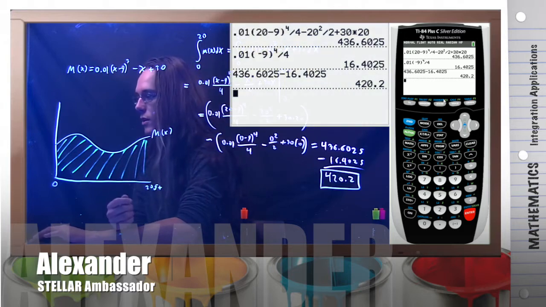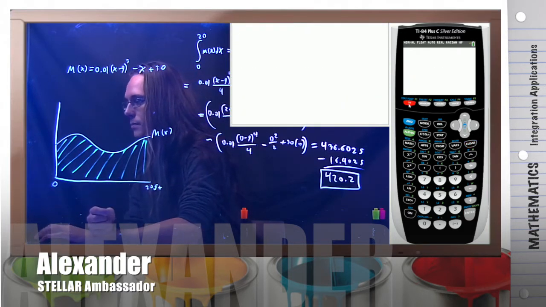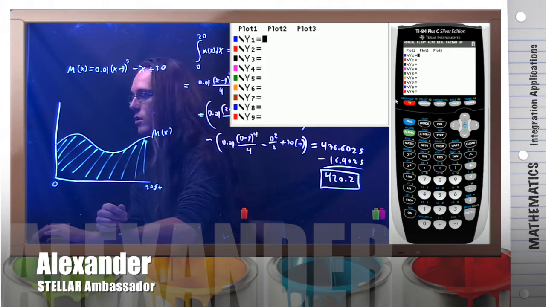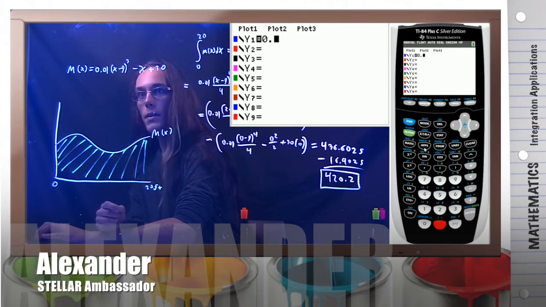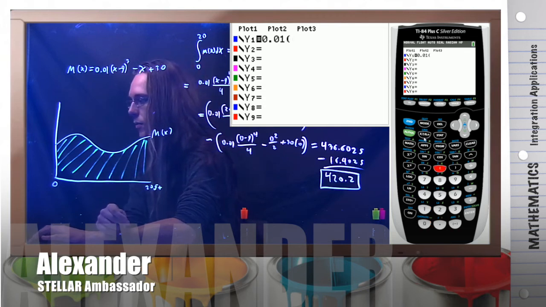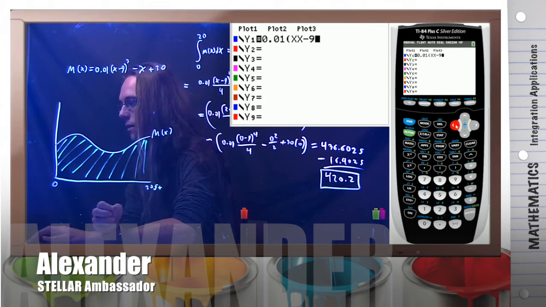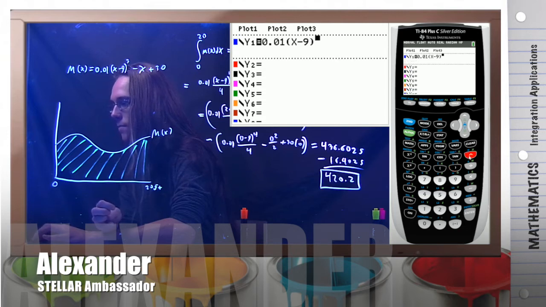So let me go ahead and clear off the screen just because I like no clutter. Whoosh, calculator clear. Now, I'm going to put in this equation right here. So I hit y equals, and now I'm doing 0.01 parentheses x minus 9, raised to the cubed.